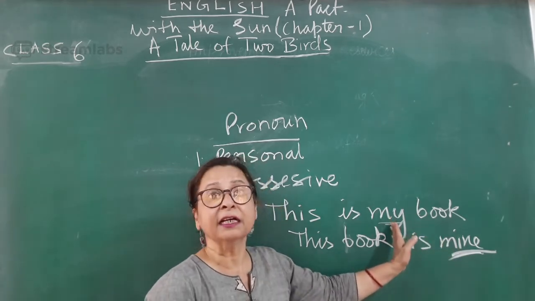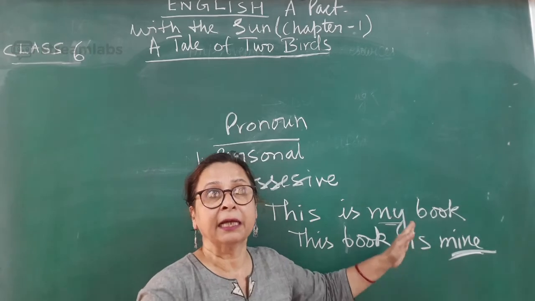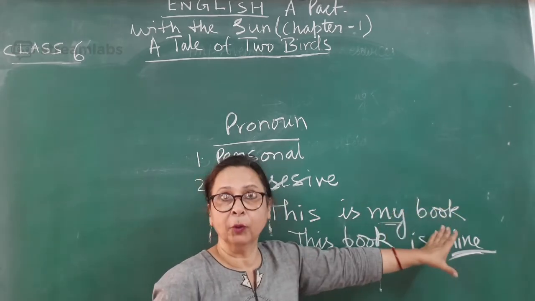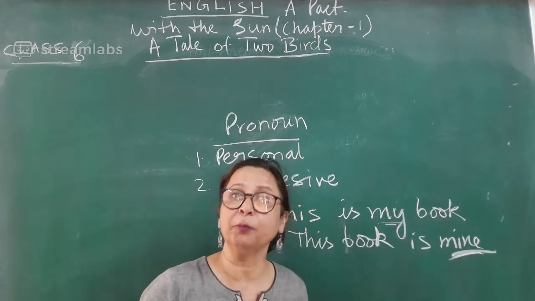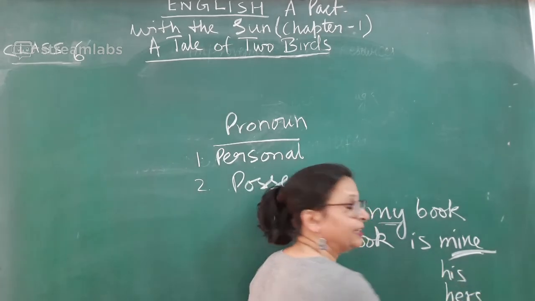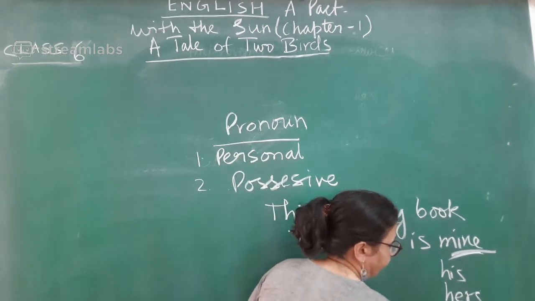Now my is your determiner. It's doing the work of an adjective. Book is the noun. Whose book? My book, his book. But if I'm writing mine, then I'm showing the possession. Mine, his, hers, theirs, T-H-E-I-R-S.